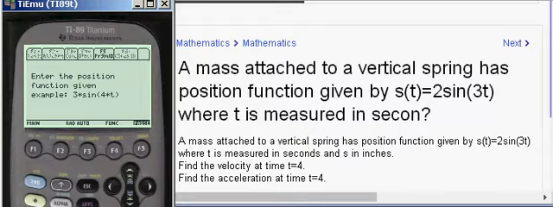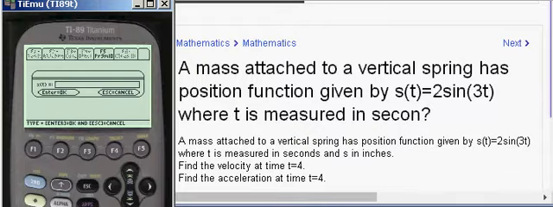And we're going to enter the position function, okay? We're going to enter alpha. You have to press alpha before you enter anything in these entry lines here. And we're going to put in 2 sine of 3t, okay? So we're going to put the number 2 in here. We're going to press second to get to the sine.